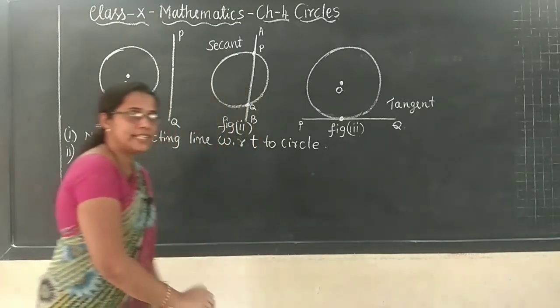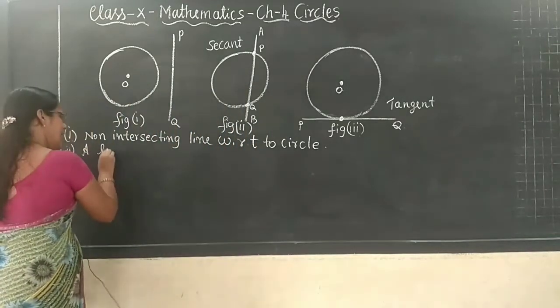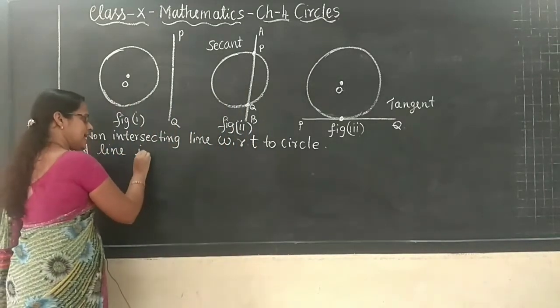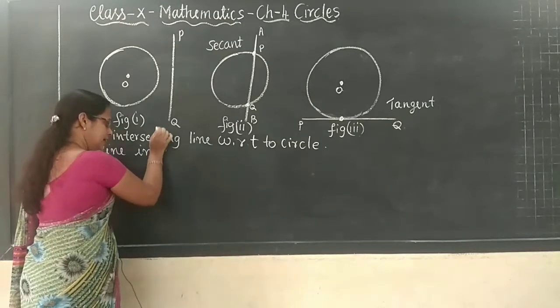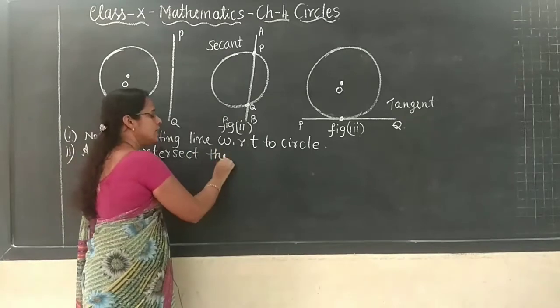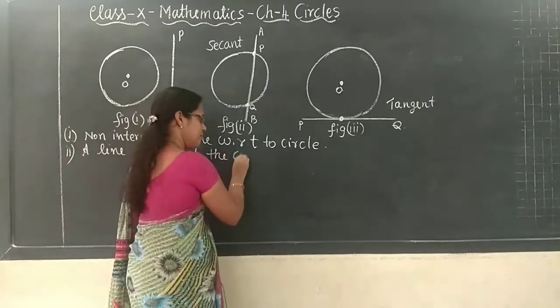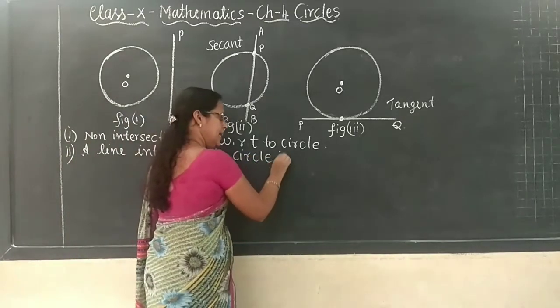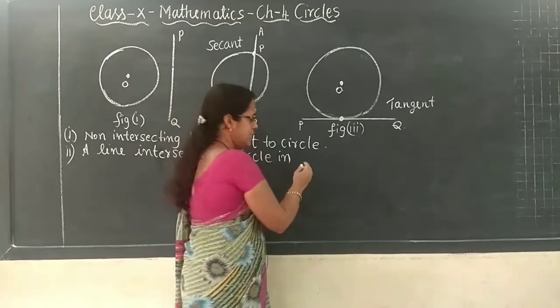A line that intersects the circle in two distinct points.